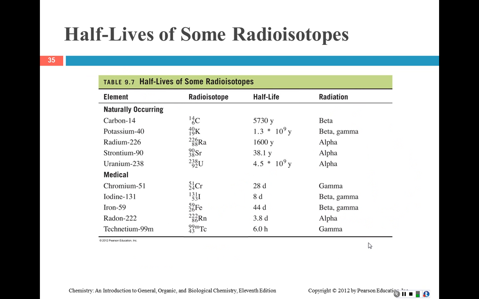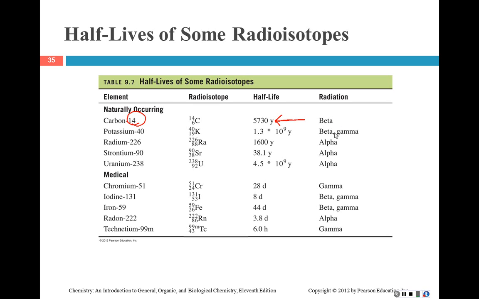So there are naturally occurring radioisotopes, as we've already seen. Carbon-14 is one that they use in archaeology to figure out long periods of time. The half-life of carbon-14 is estimated to be 5,730 years, and it is a beta emitter, so it's not hugely dangerous to use.